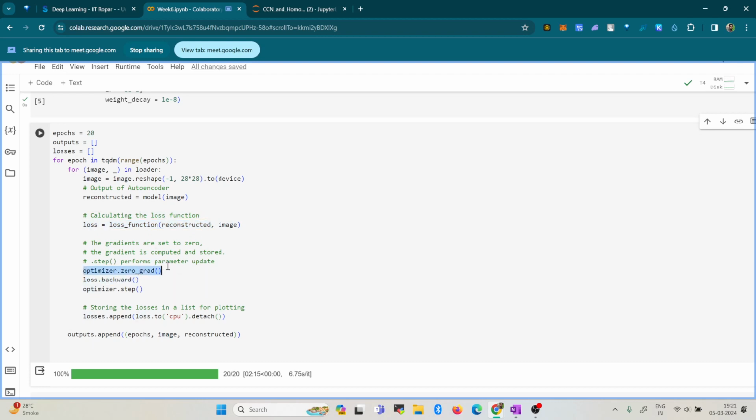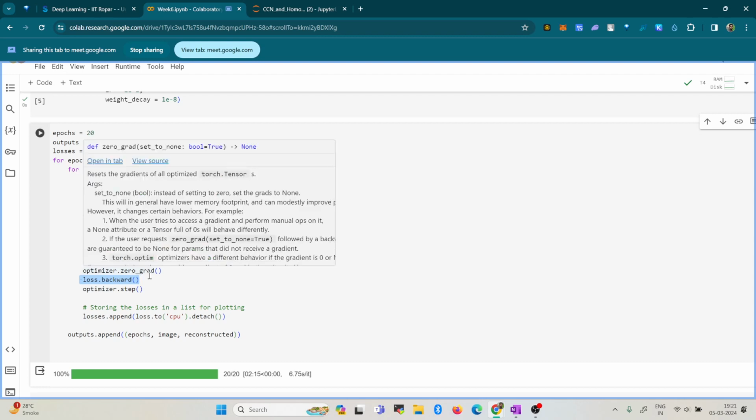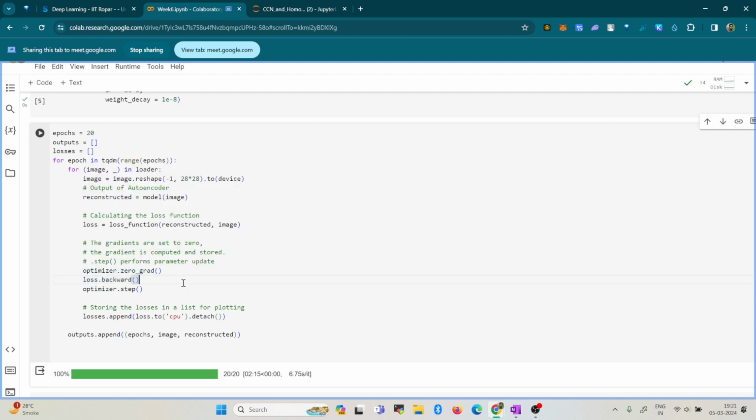I'll come to this step in a while. What we do is a back propagation, loss dot backward. If I write loss dot backward, PyTorch will do a back propagation on its own, because it has created a graph on its own when I wrote these two lines, reconstructed equal to model image and loss equal to loss function.